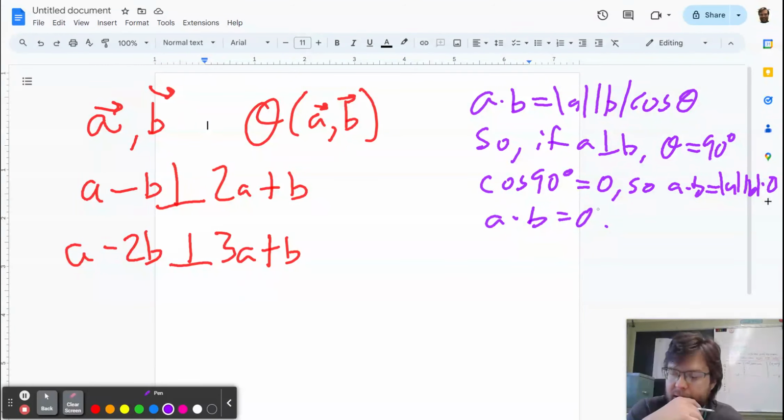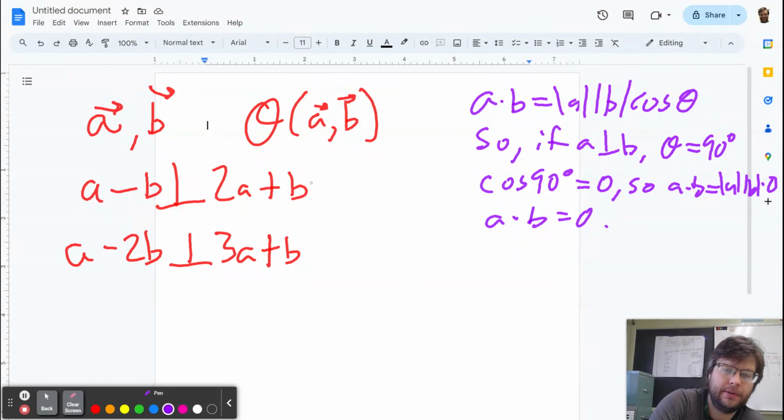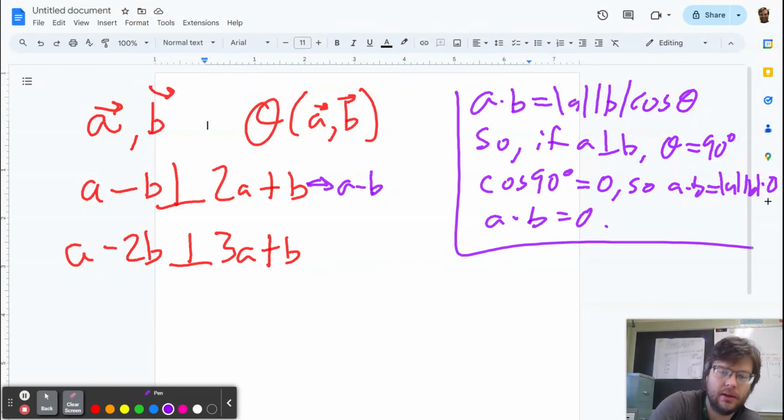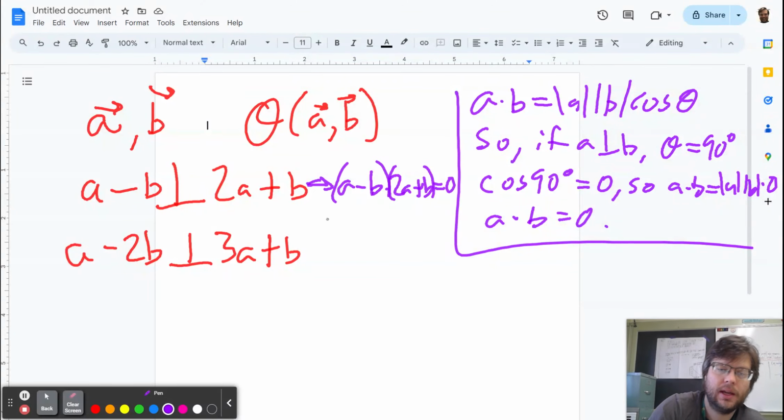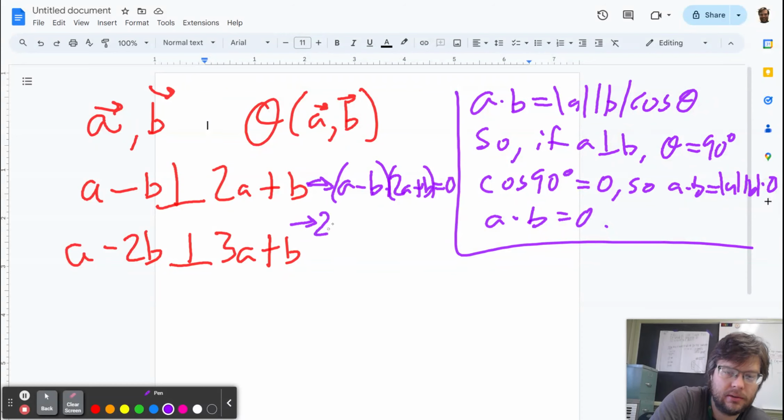And so let's try it. Let's look at this first one here. This first condition tells me that A minus B dot 2A plus B equals 0. And so what that becomes is just distributing.